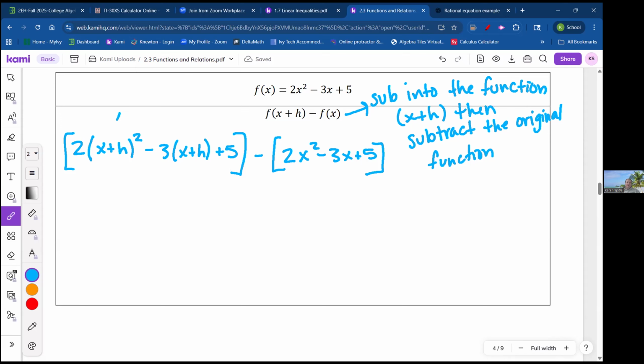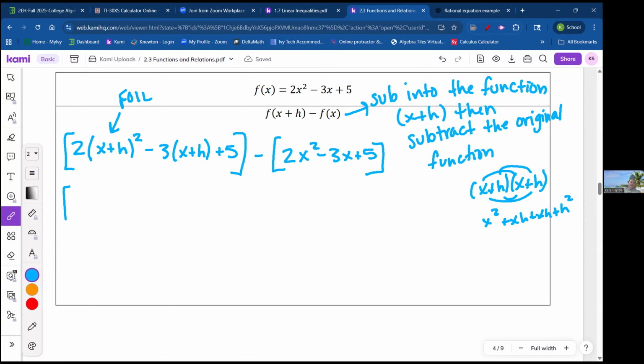I do need to FOIL this guy. I'm going to FOIL it over here. So (x plus h) times (x plus h). So we have x squared plus xh plus xh plus h squared.